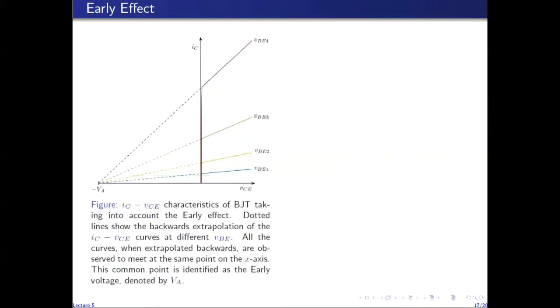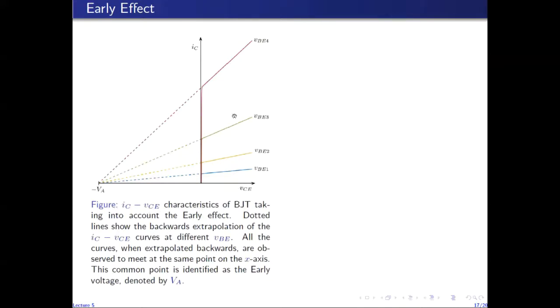Unlike before, in lecture 3, we saw the IC VCE characteristics of the transistor, in which in the forward active mode of operation, the curves at different VBE were horizontal. There was no dependence of IC over VCE assumed.